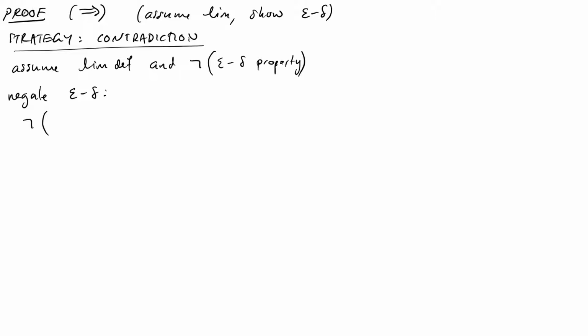So if we were to state our epsilon-delta property in symbols, it says for every epsilon greater than 0, there exists a delta greater than 0, such that for all x, if 0 is less than |x − a| is less than delta, implies |f(x) − b| is less than epsilon.